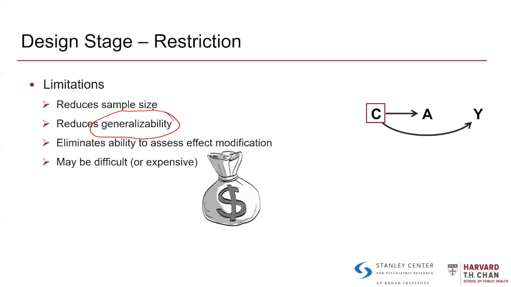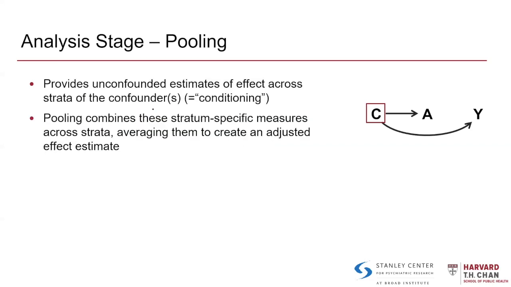By applying restriction. So the next stage at which we try to address confounding is the analysis stage. In the analysis stage, we have different tools. The first one is pooling. Pooling provides unconfounded estimates of the effect across different strata of the confounder.